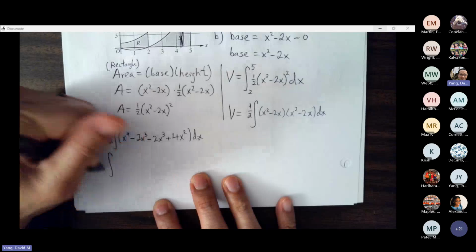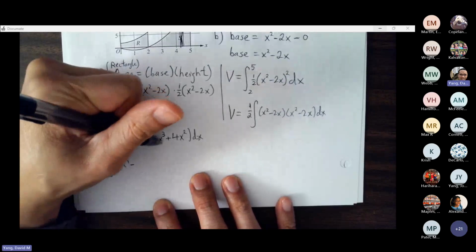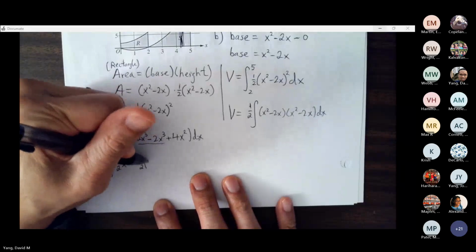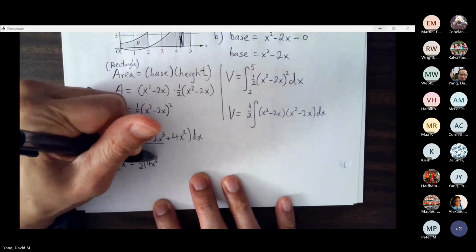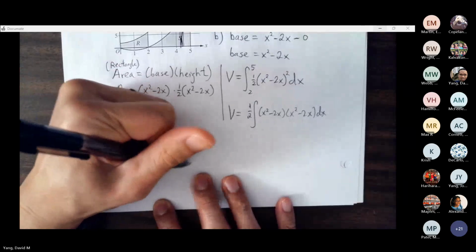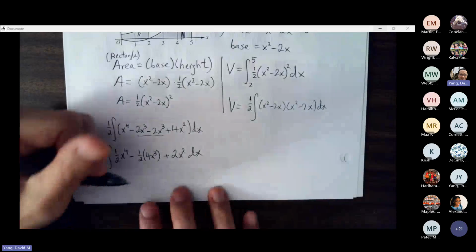Gonna distribute the 1/2 through as well. Combine like terms. All right, everything should be, let me go one more step here.